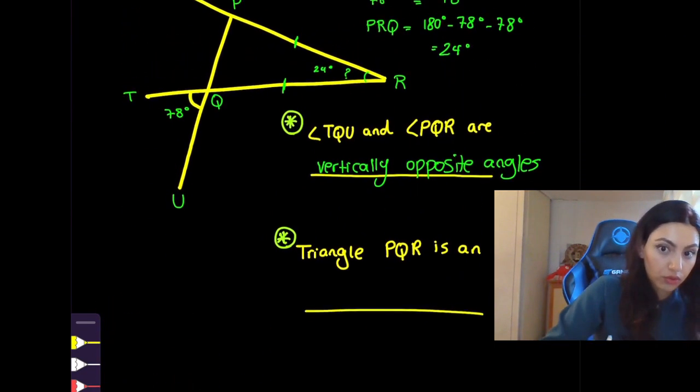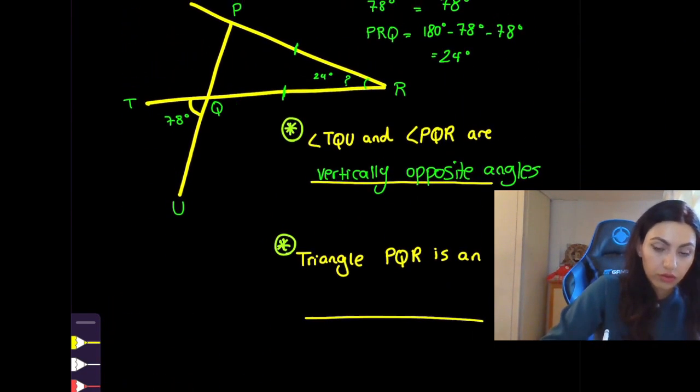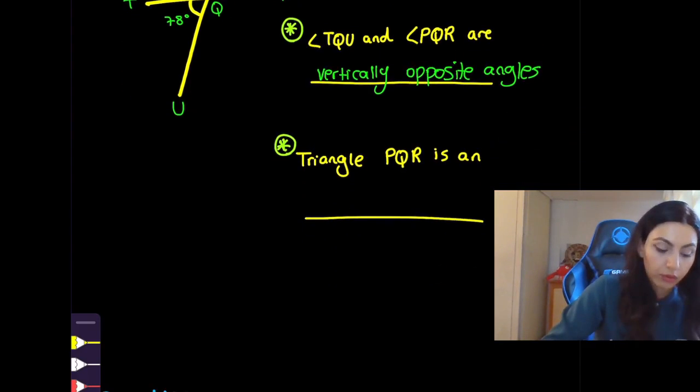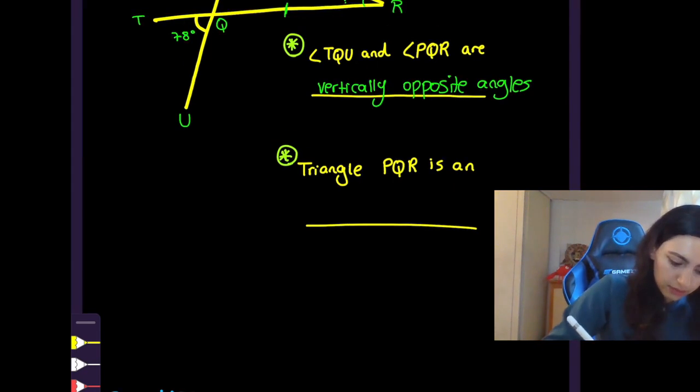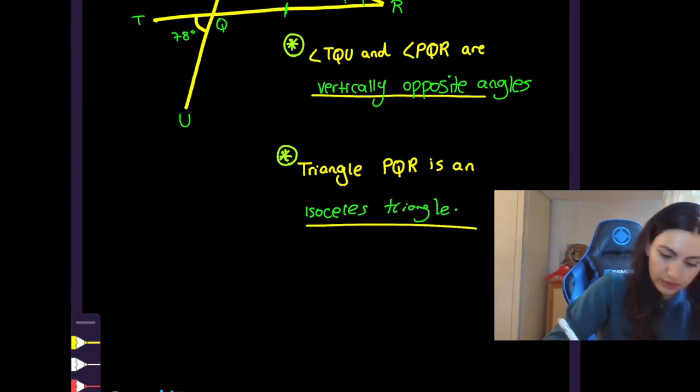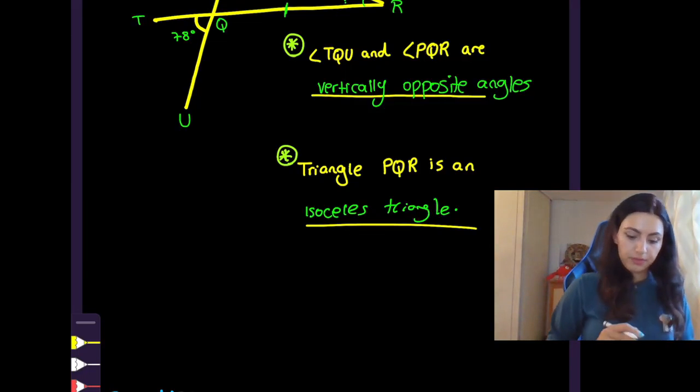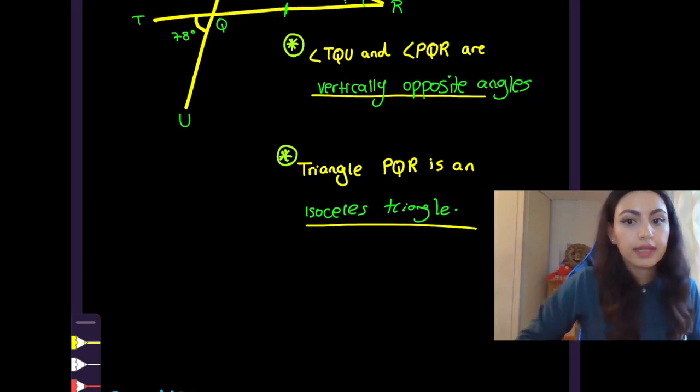Make sure you go to all my videos to understand this if you don't know which rule I'm talking about. And the other point we need to know is triangle PQR is an isosceles triangle. Okay, perfect. Now we understand the lesson.